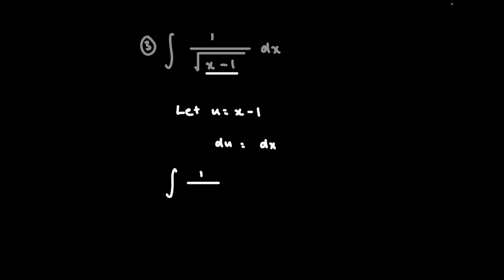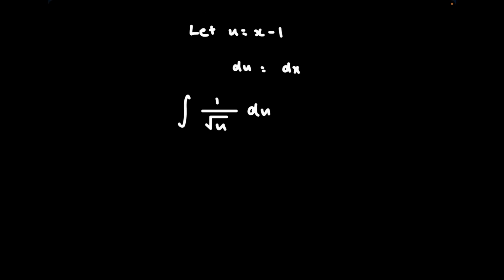So in this case, if I replace everything, all I'll have now is the integral of 1 over the square root of u du. And this is a pretty straightforward integral if I write it like this. The integral of u to the power of minus a half du is simply equal to adding 1 to the power, u to the power of a half, divided by the new power, divided by a half, plus c.